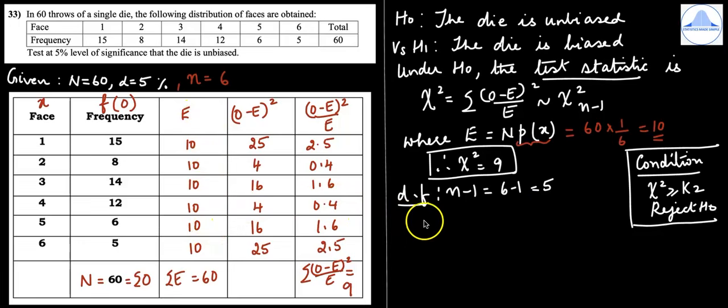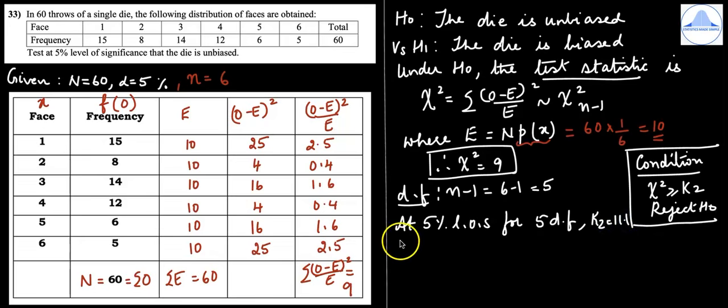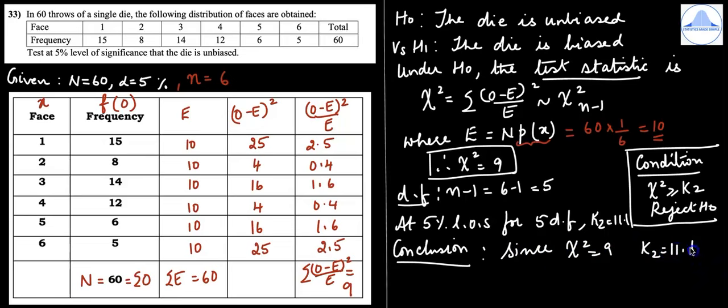So now here we have to find out what is K2. So at 5% level of significance for 5 degrees of freedom, we have to find out K2. So K2 value is 11.1. Then you write the conclusion. So since chi-square is equal to 9, K2 is equal to 11.1.